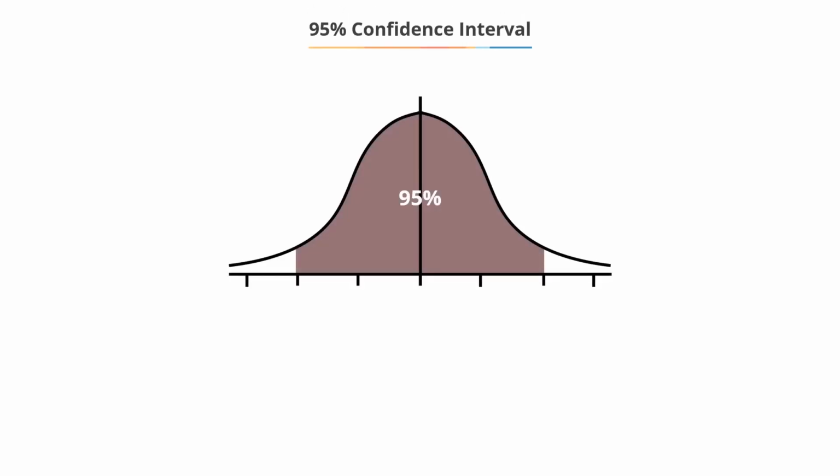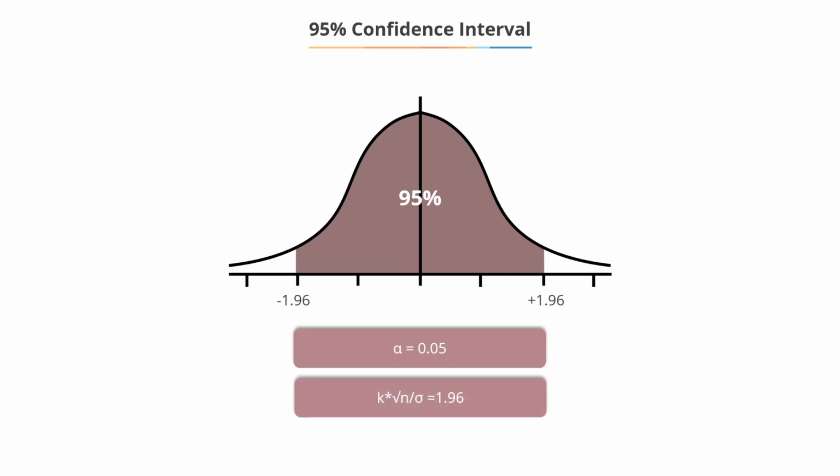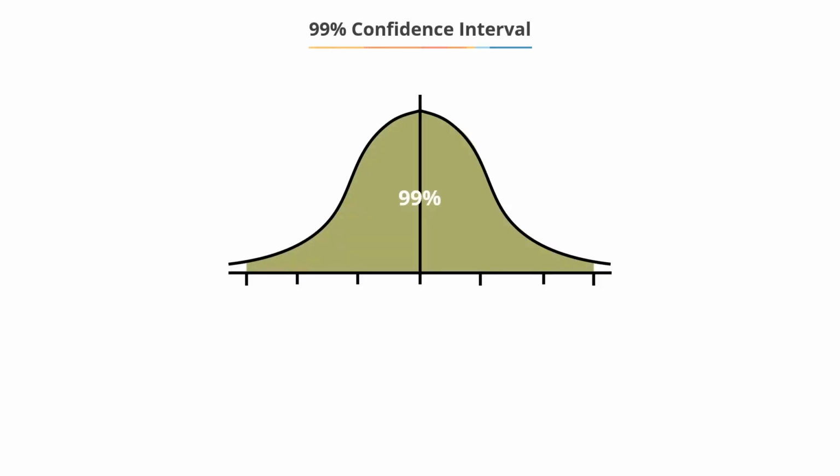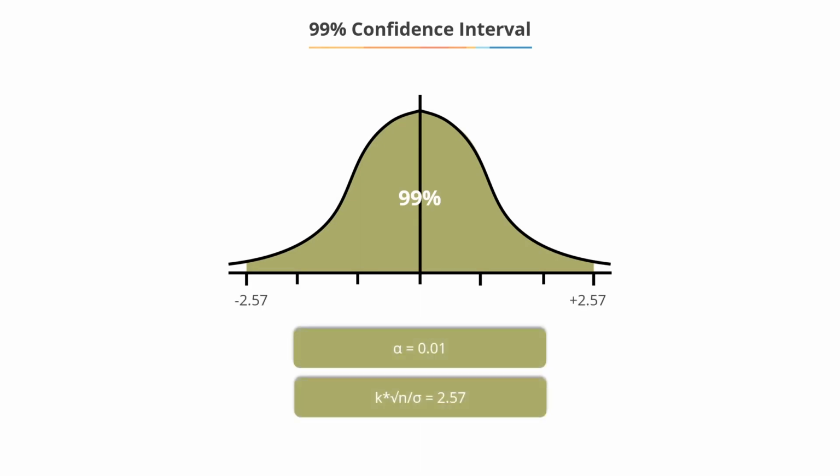For a 95% confidence interval, alpha equals 0.05. Hence k multiplied by square root n by sigma equals 1.96, and for a 99% confidence interval, alpha equals 0.01 and k multiplied by square root n by sigma equals 2.57.